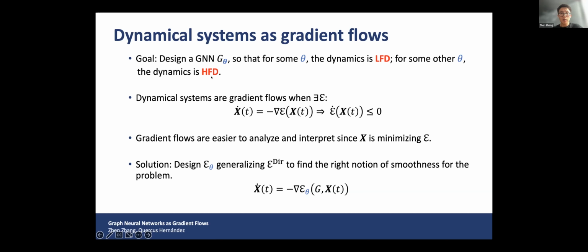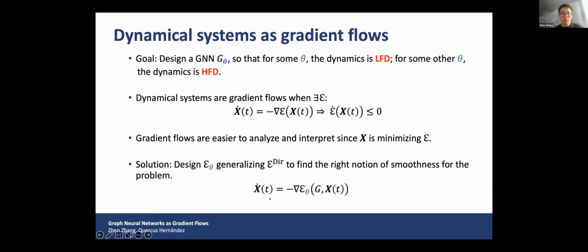So they propose a dynamical system to be the gradient flow of E, such that x dot equals the negative of the gradient of E. This gradient flow dynamics will ensure that E keeps decreasing as time goes to infinity. And these gradient flows are easier to analyze and interpret since x is always minimizing E.